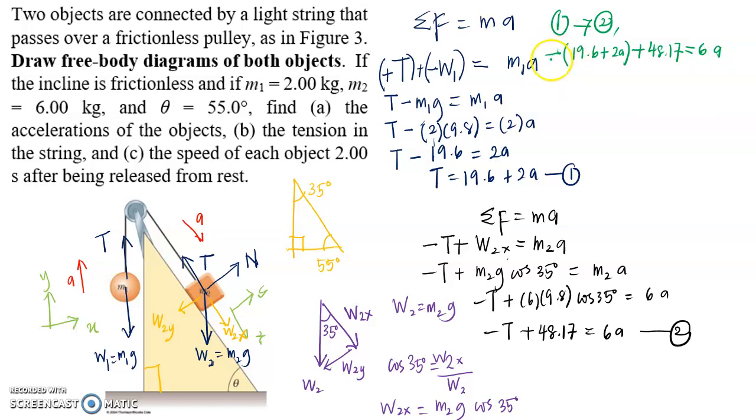So I will give a negative sign to each of the expressions inside the parentheses. So it will be negative 19.6 minus 2a plus 48.17 equal to 6a.